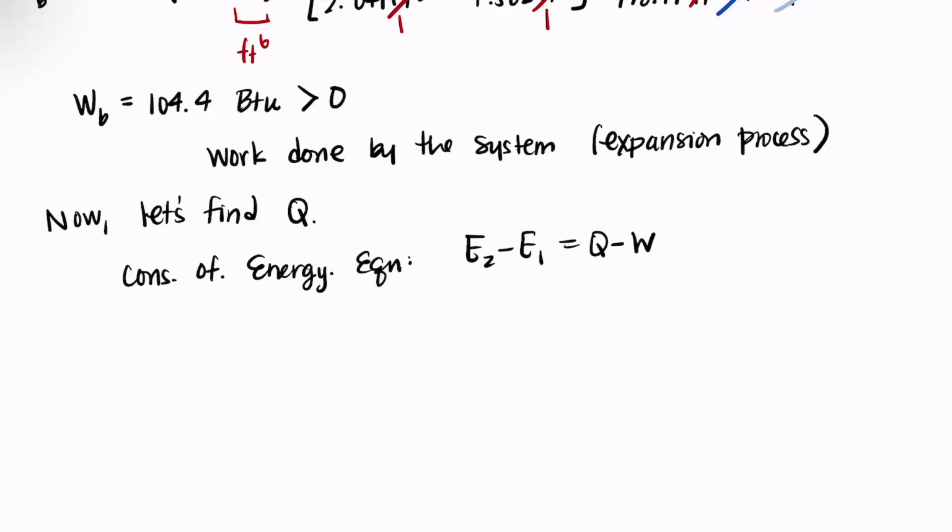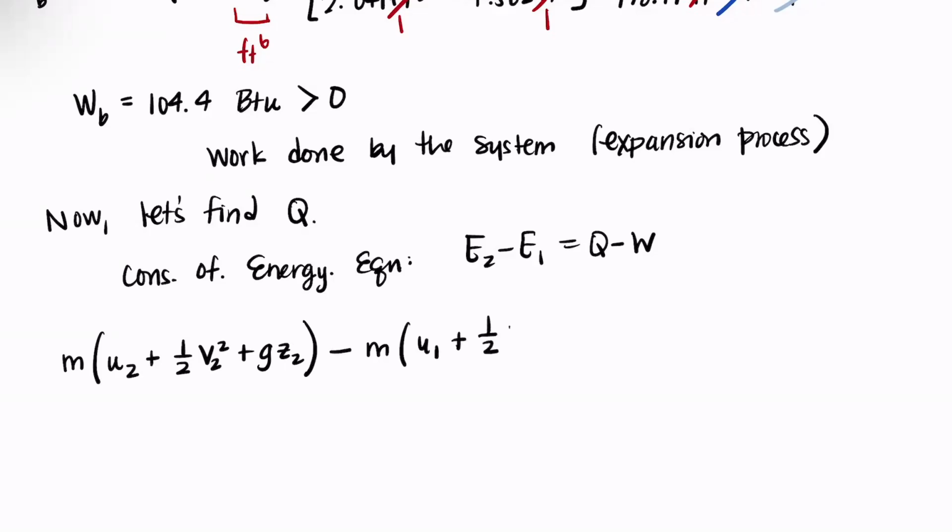So I'm going to pull out the mass. So I have specific internal energy plus 1/2 V squared of state 2 plus GZ at state 2. So this is our total energy at state 2 minus our total energy at state 1.